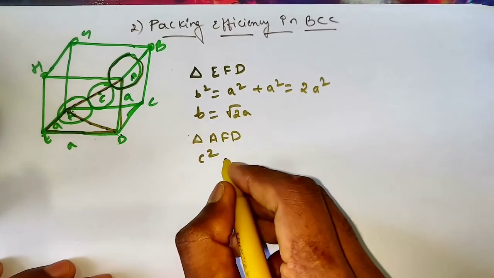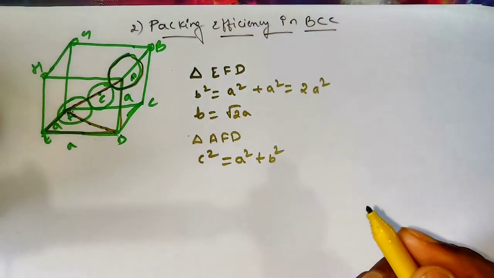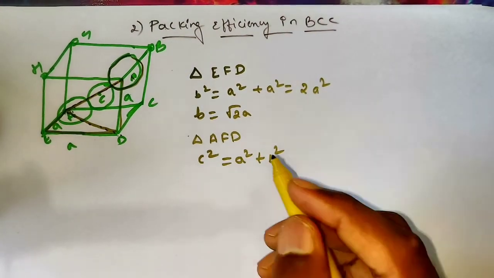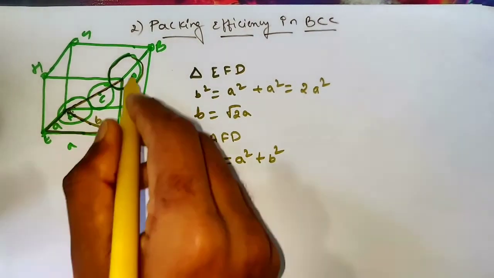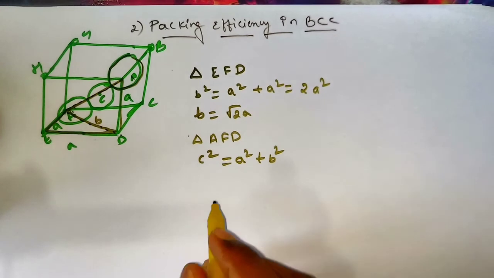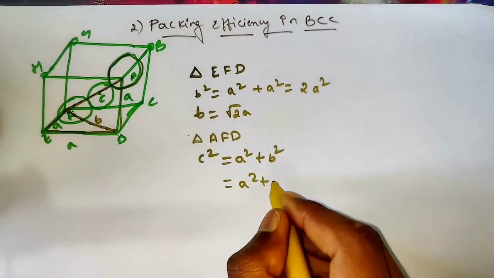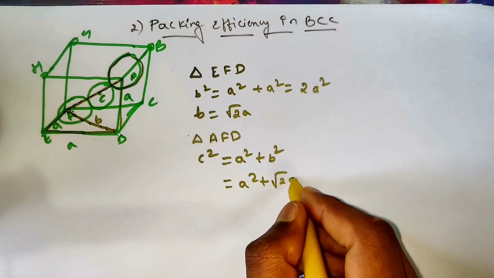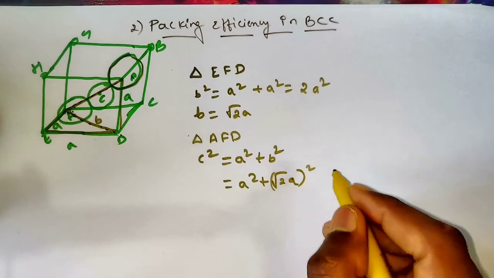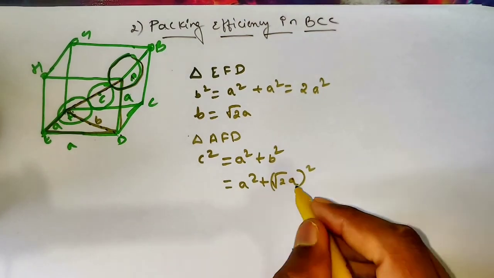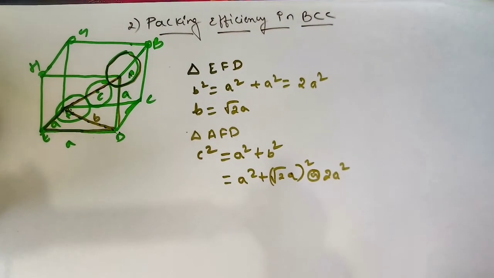So c square is equal to a square plus b square, because this is a and this is b. Since we already know b square, a square plus 2a square, otherwise we can write this as 3a square. So what are we going to get?